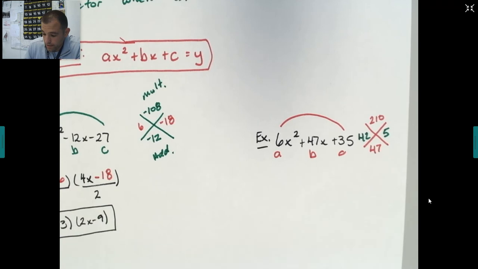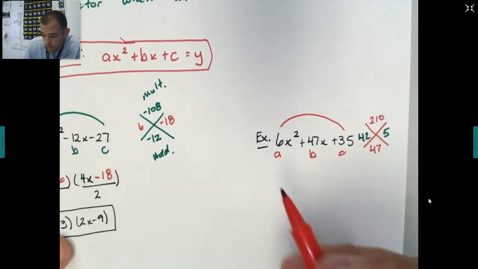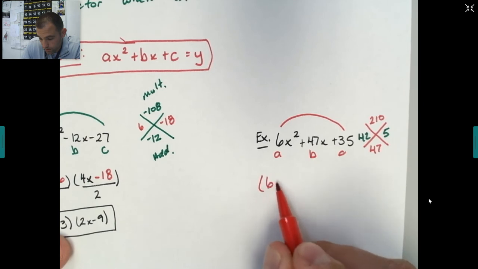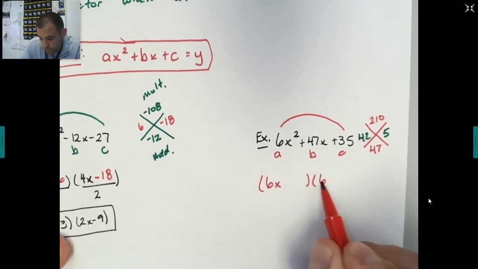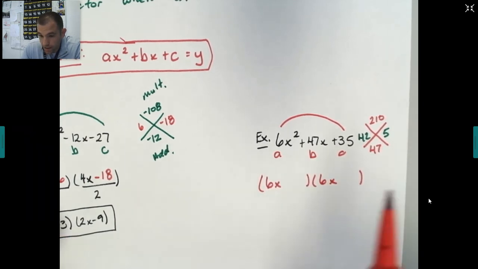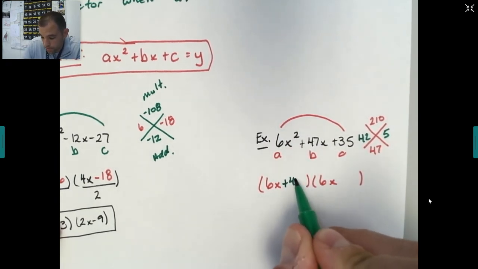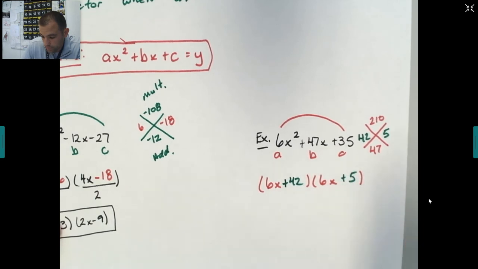So then, once again, I can split this up. I can go right into my parentheses. Whatever comes first is what I put first. So 6x and 6x. Right? Whatever is first in the problem, I put first in the parentheses. Then I put my numbers in. I put plus 42, plus 5.